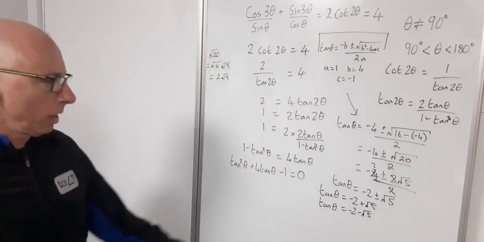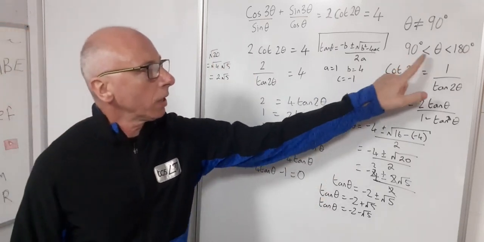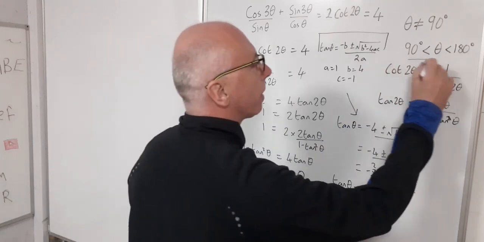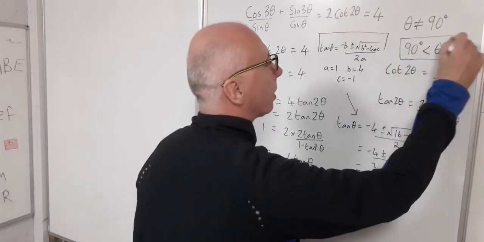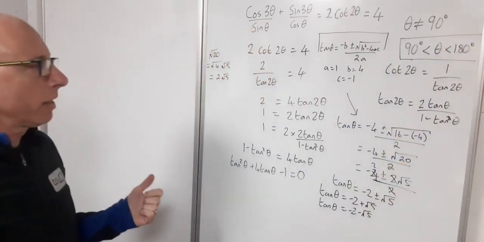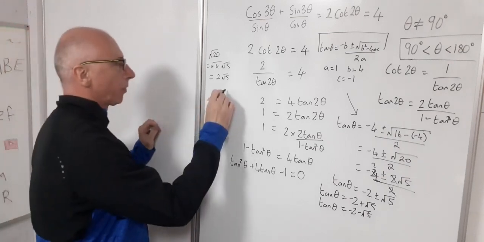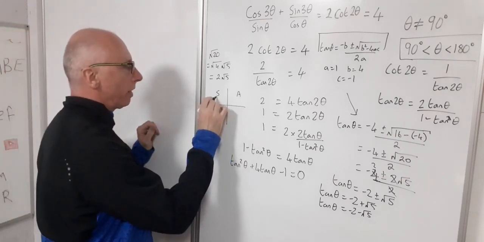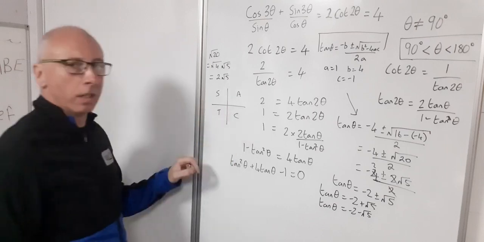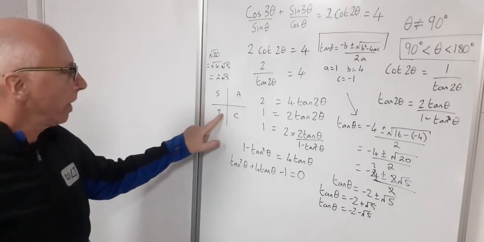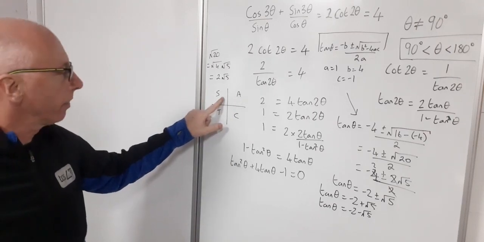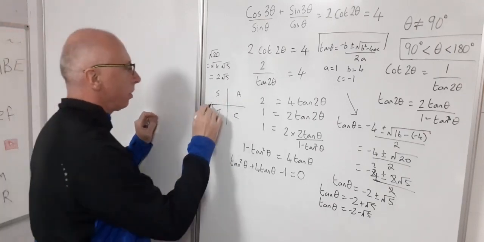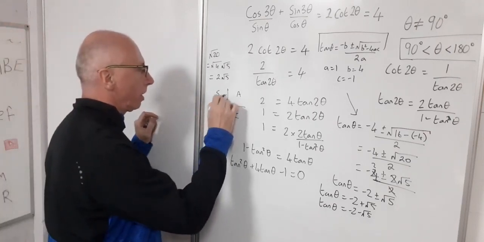Right, so we want values of theta between 90 and 180. This is the important bit for us. Now, in the unit diagram, remember we've got here A, S, T, C. Tangent is only positive here and here. So here it's negative. So this is the 90 to 180 bit that we're interested in.